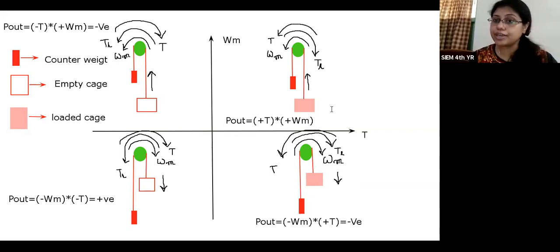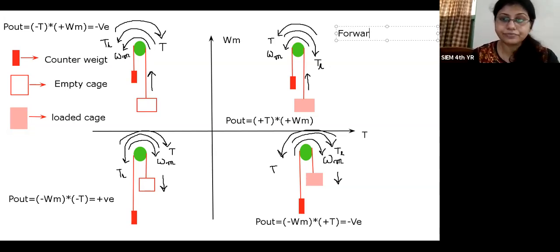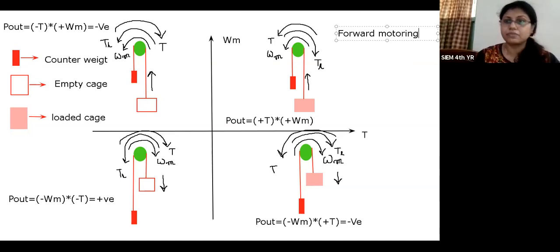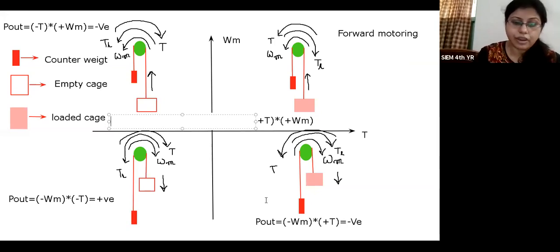The first quadrant is called the forward motoring condition or forward motoring zone. It is called forward motoring as the output power is positive. The second quadrant is called forward braking.